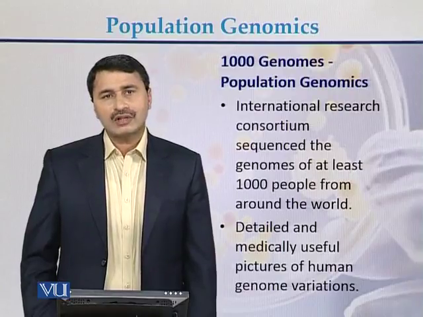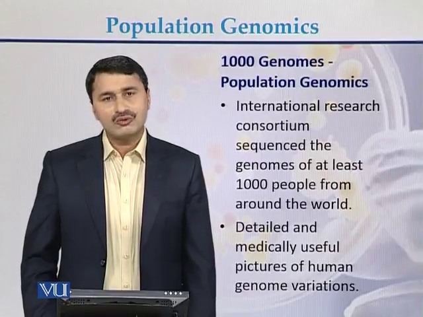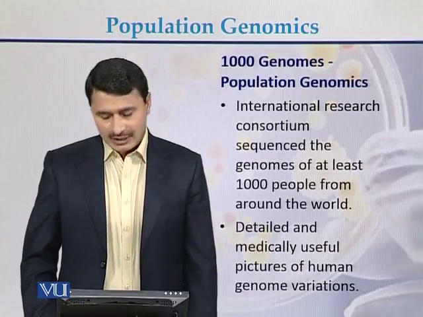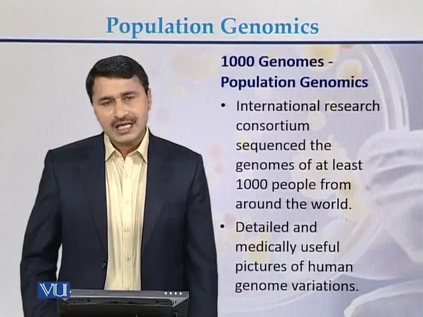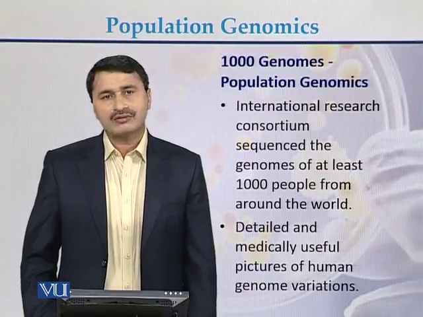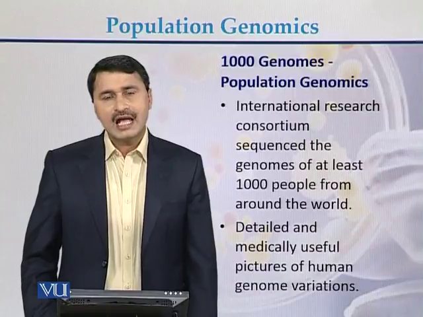As a result of 1000 genomes, a detailed and medically useful picture of the human genome came into being, and with the help of 1000 genomes, all those rare genetic variants were identified.